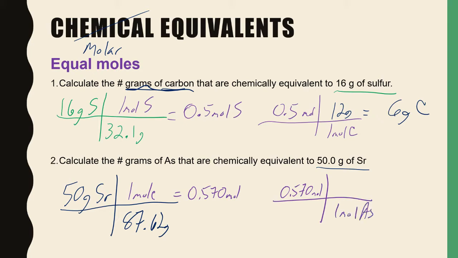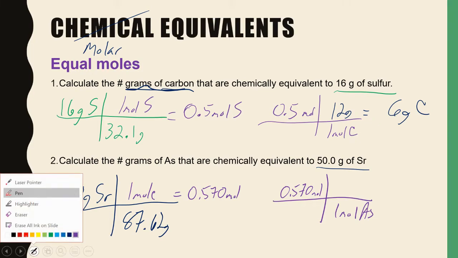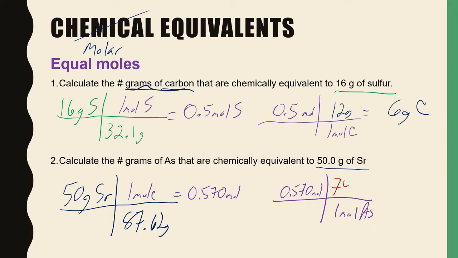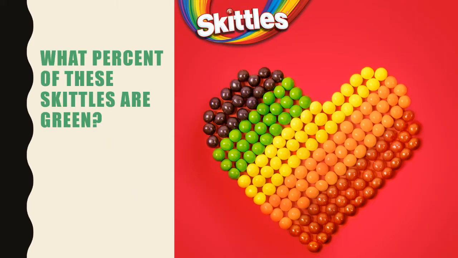And arsenic, which is number 33, is 74.9 grams. So 0.57 times 74.9 is 42.7 grams. So if you have 50 grams of strontium, it's the equivalent of 42.7 grams of arsenic. Ta-da!